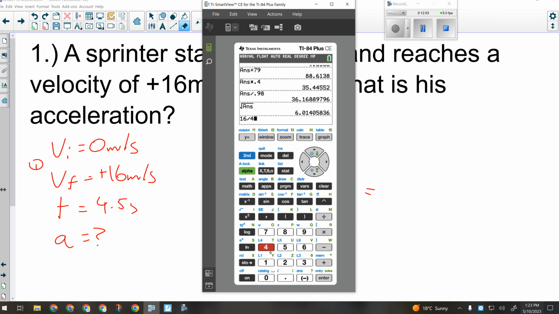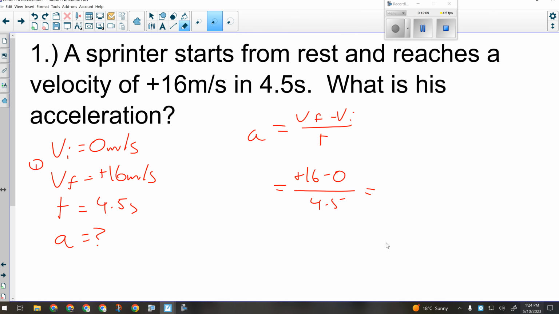So 16 divided by 4.5, we're looking at 3.6 meters per second squared, and I should put a positive on that because it is going faster. And acceleration is also a vector quantity. All right, everybody okay with that one?